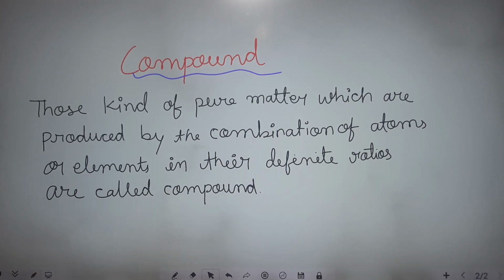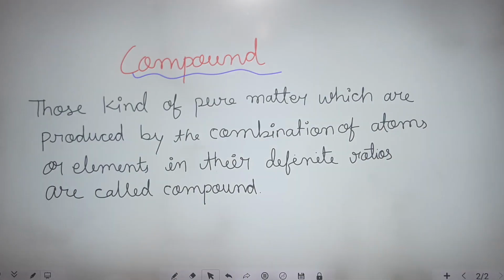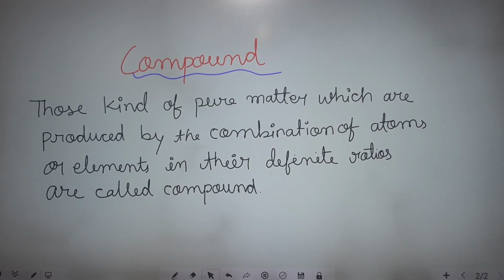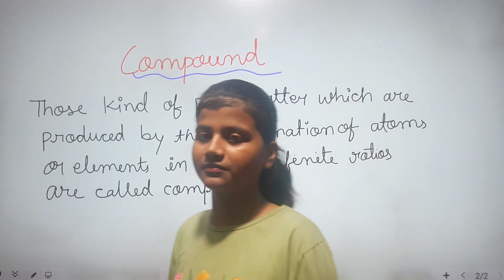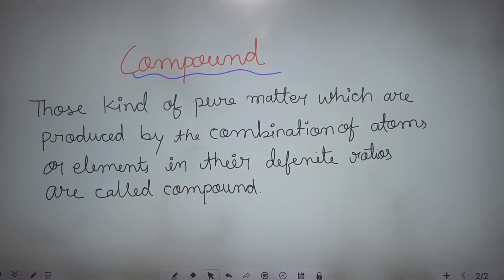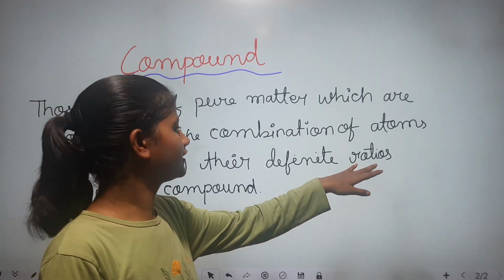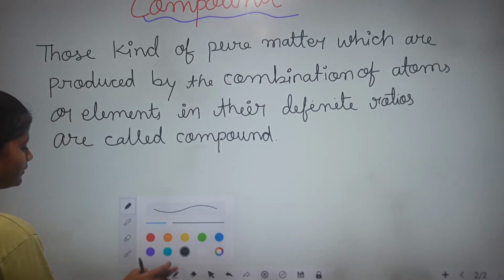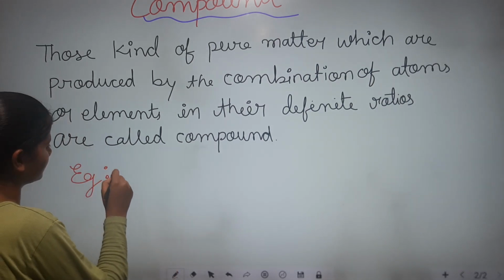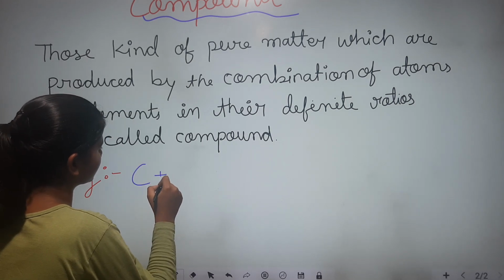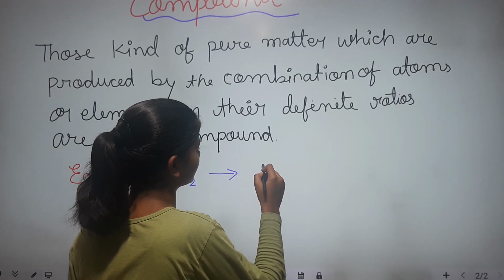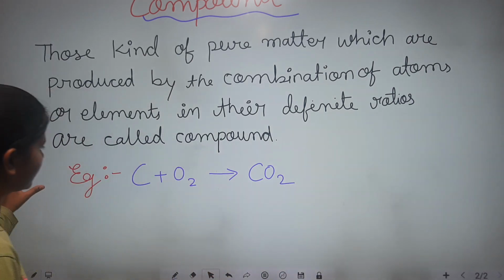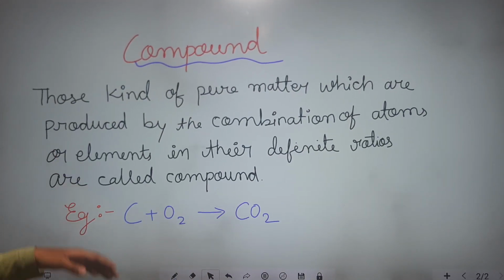Let's see some examples, like carbon plus oxygen gives carbon dioxide. There are many examples of compound. I hope you understand what is compound.